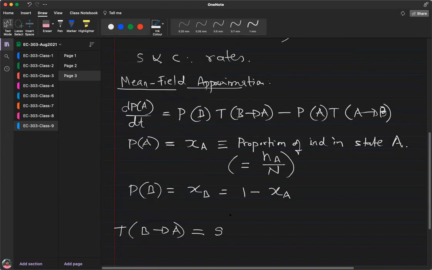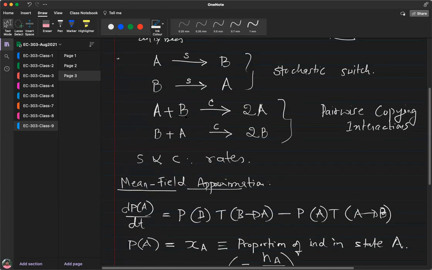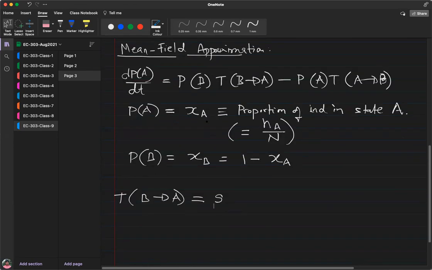And how else can B become A? By this reaction, with rate C. B becomes A when B interacts with A, so this becomes C times XA.